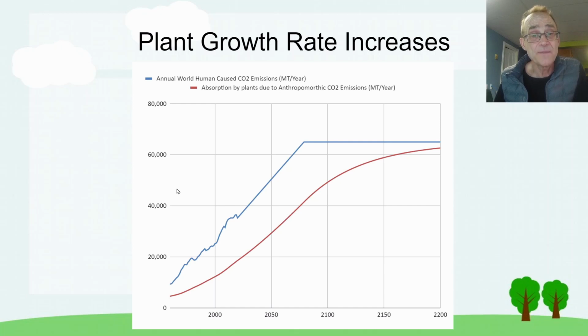Given enough time, plant growth will increase to the point where it will absorb all the carbon dioxide emissions from human activities. All that needs to happen for this to occur is the atmospheric levels need to rise in order for plant growth rates to increase. This is all based on my model.